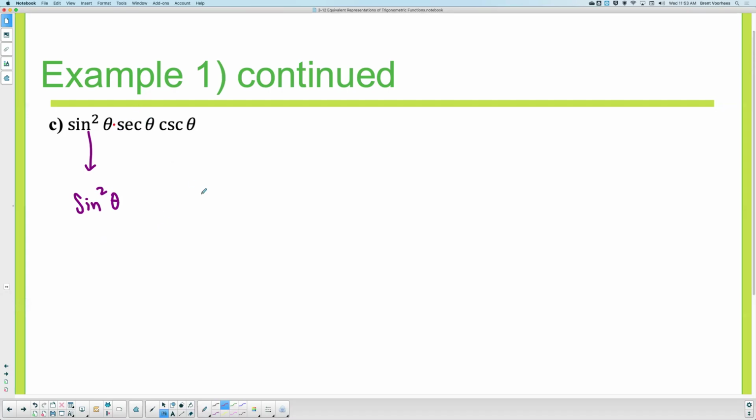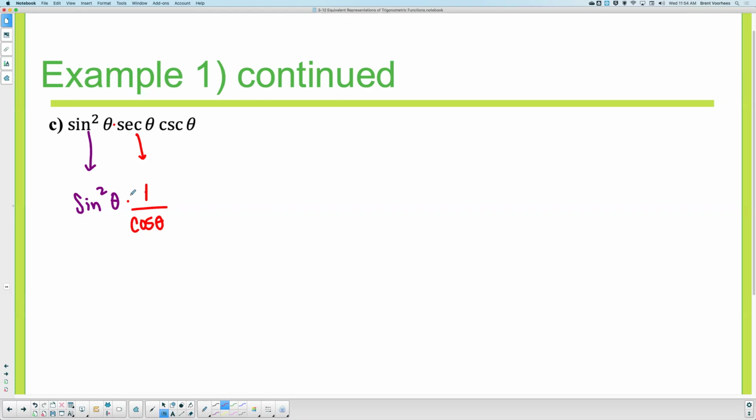Secant, is that in the sine and cosine family? So we have to change it. How do you change from the secant family to the sine family? What's the word? To change, reciprocal. The change from the secant family to the sine family comes by reciprocal. Now, when you go to reciprocal, I want you to think, does a secant become a sine or a cosine? Cosine. Some of you are catching on quick.